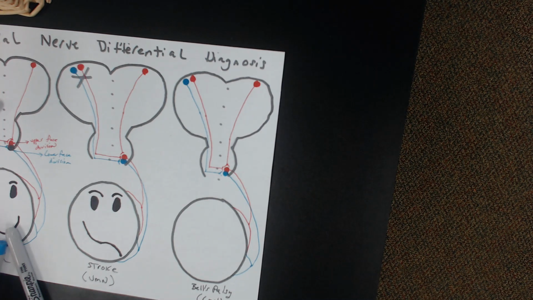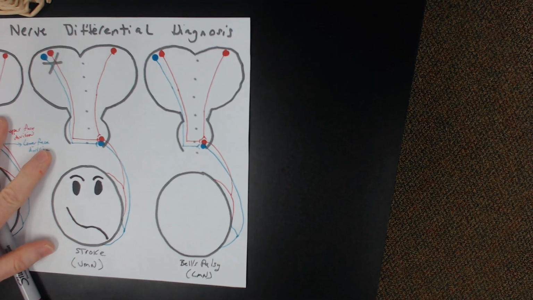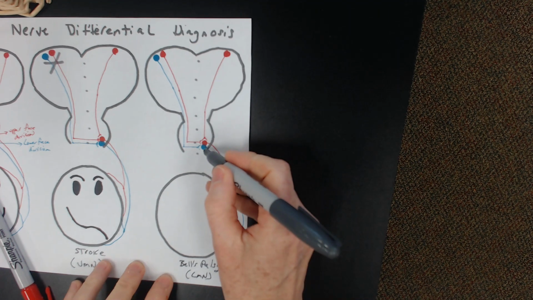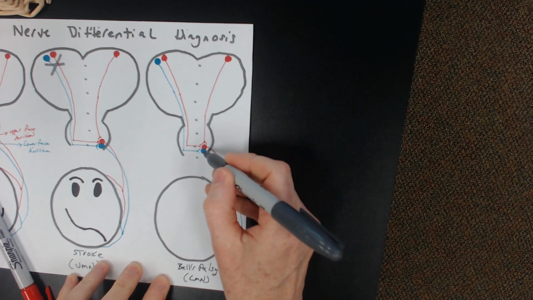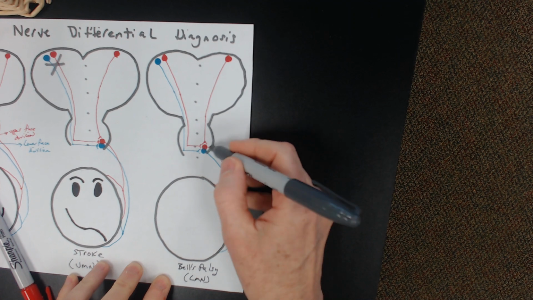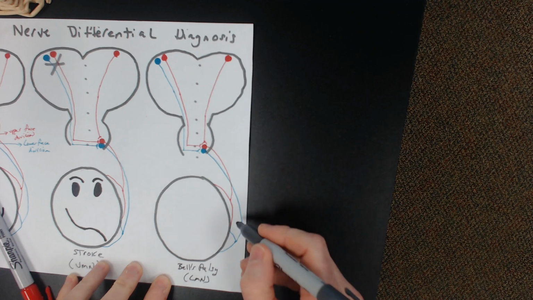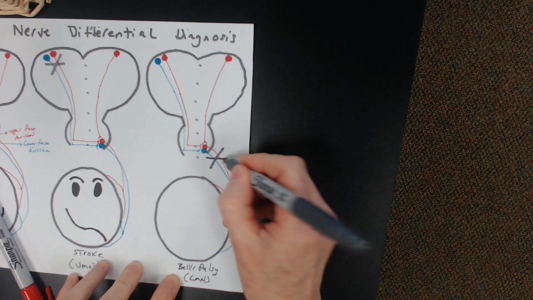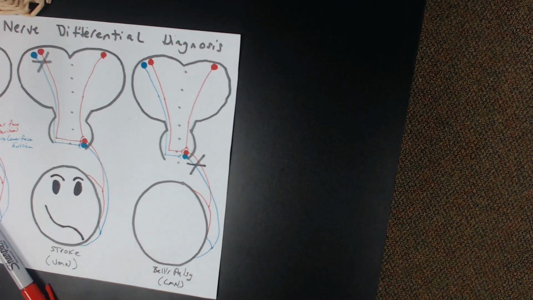Okay, same situation, only this time the lesion's a lower motor neuron lesion, which means that the cranial nerve nucleus itself houses the lower motor neuron cell body. So the lesion is here, at the lower motor neuron cell body, or the axons that it's sending out to innervate the face. Okay, so it's a lower motor neuron lesion.